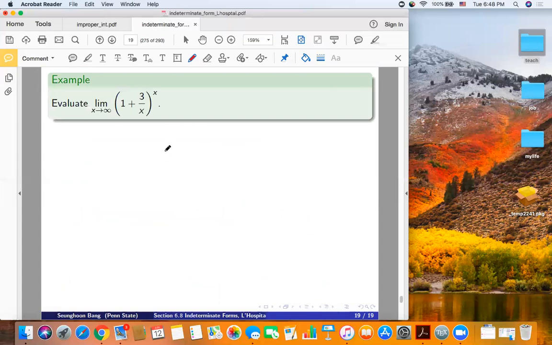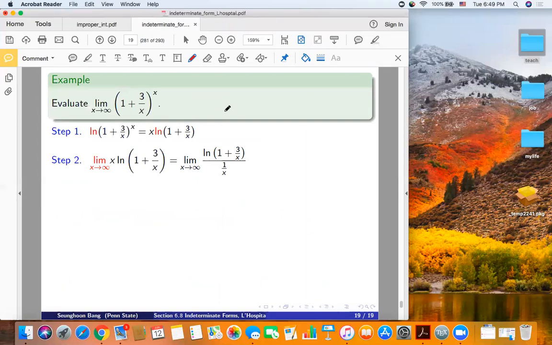So we try to solve this problem together. Step 1, take ln. x comes down: x times ln of 1 plus 3 over x. Step 2, take the limit as x approaches positive infinity. So the ln function is on top, and x goes to the denominator by using the reciprocal. Next, you can change this one to ln of x plus 3 minus ln of x, the difference.